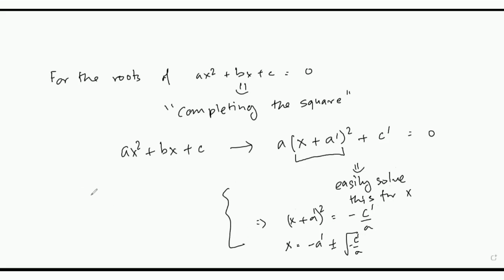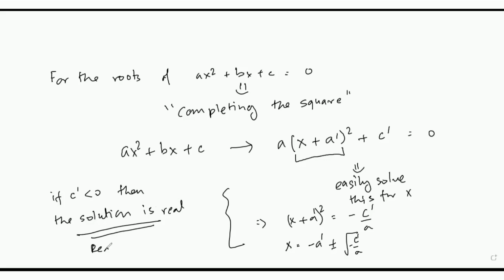Now, you can see that in the solution, if c prime is less than 0, then the solution is real. So that is what we are going to identify as a real criteria.